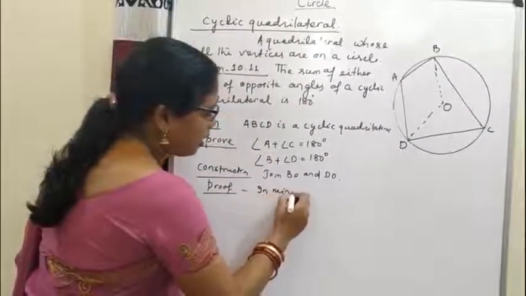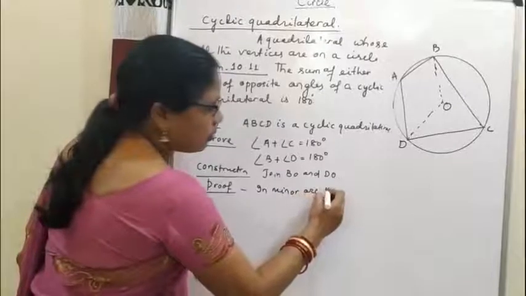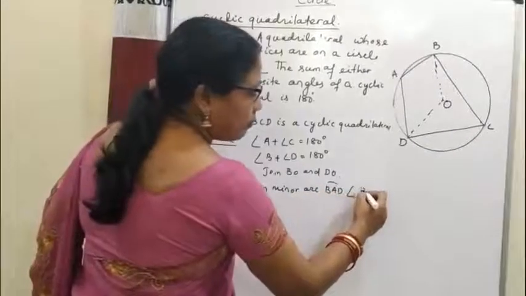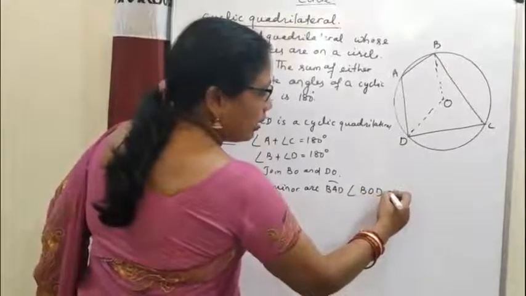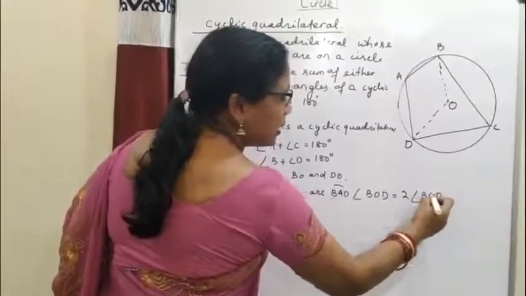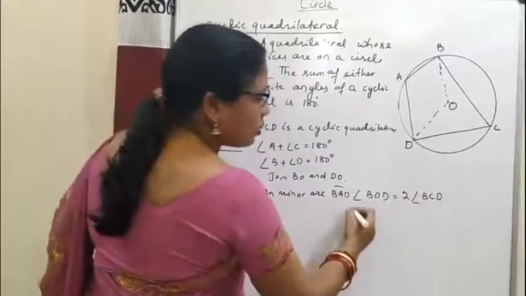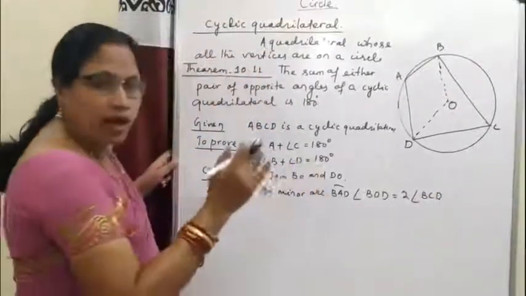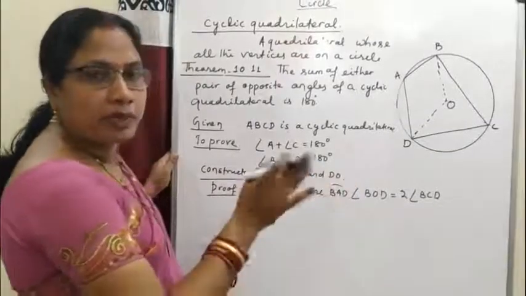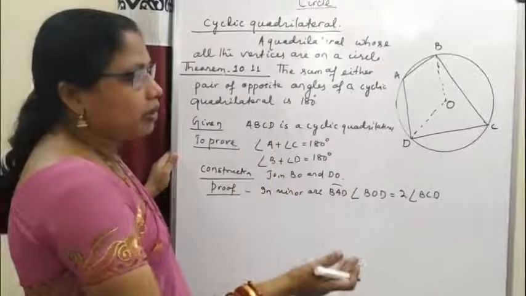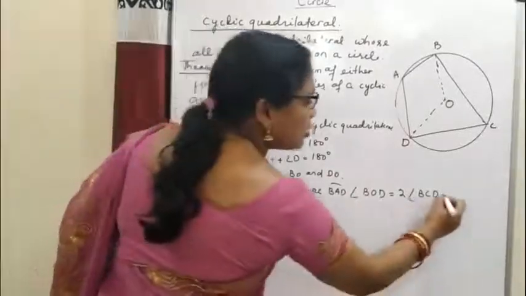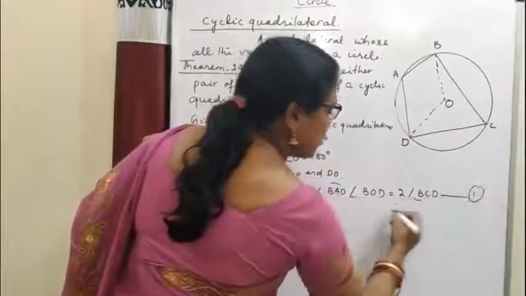In minor arc BAD, angle BOD is equal to twice of angle BCD, as we know that the angle subtended by the arc at the center is twice of the angle subtended by the arc at any point on the remaining part of the circle. So this is our finding one.